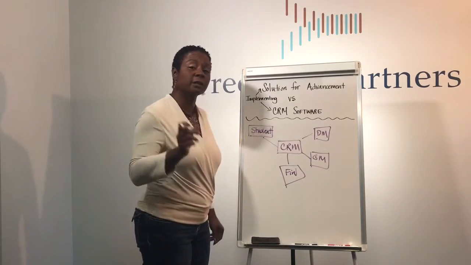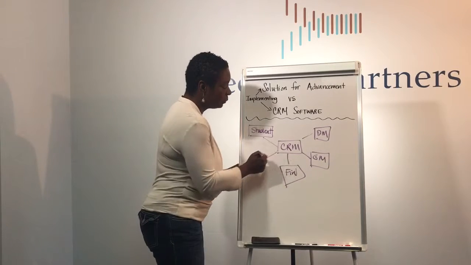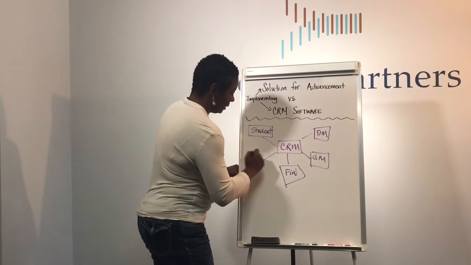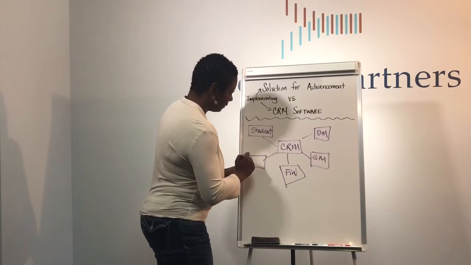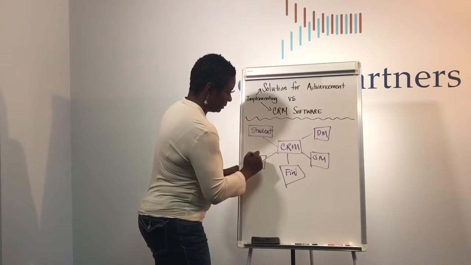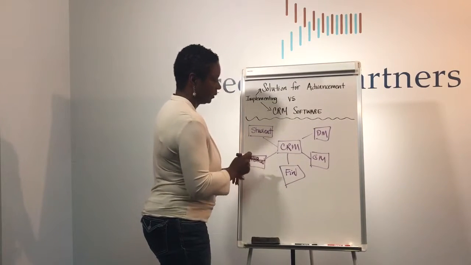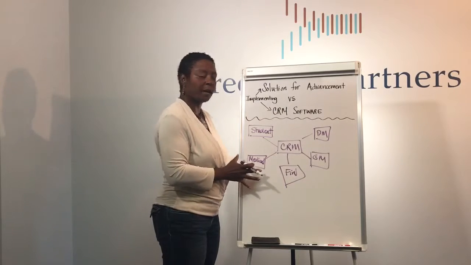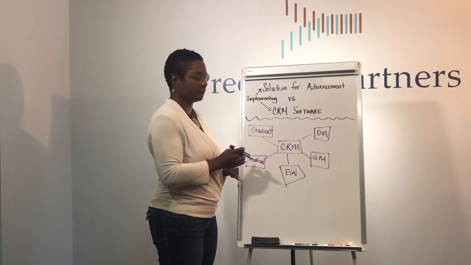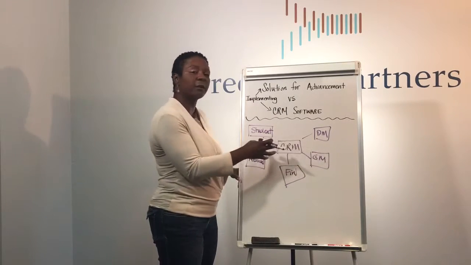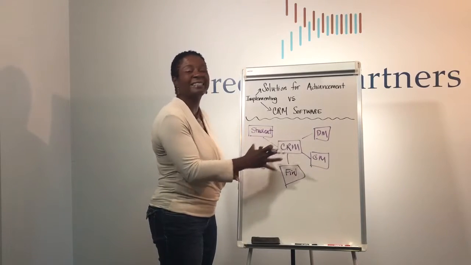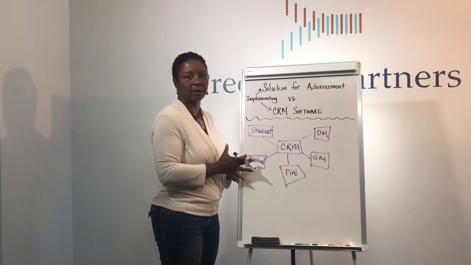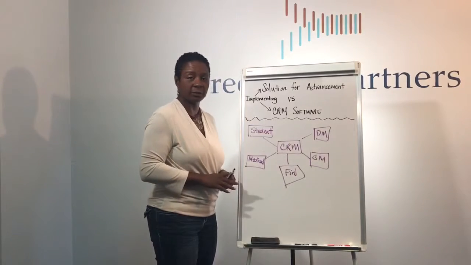And for my research hospital colleagues, you want to integrate your CRM software with your medical record system. Okay, so that's the first step in my solution for advancement: integrating this CRM software into the entire fabric of my technology ecosystem.